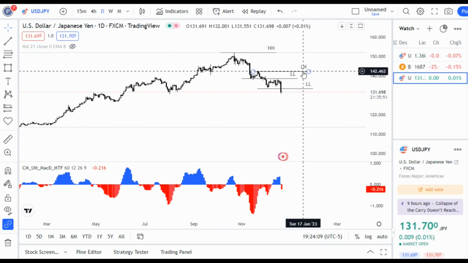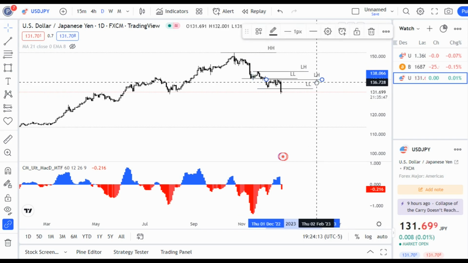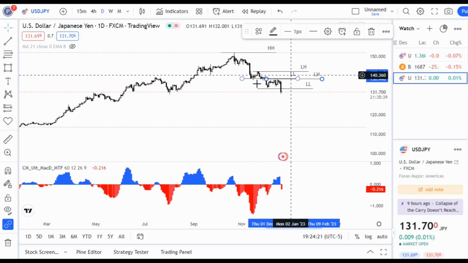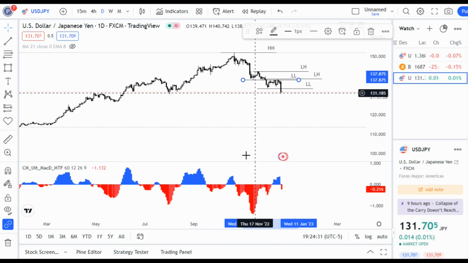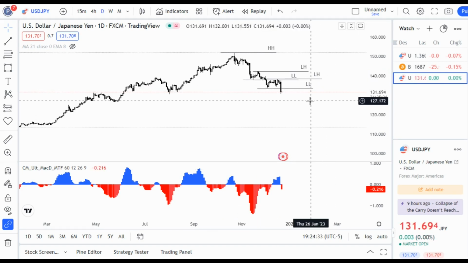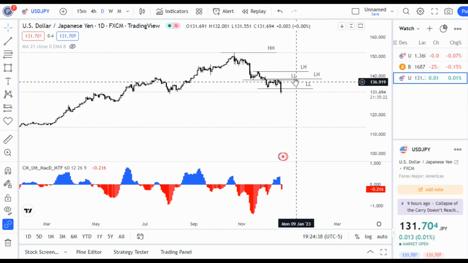Sorry, let's copy this one rather. We take this as our lower high. It's similar, same. Let's try to shift this one because this is the last that gave us this wick, so it has to be considered very important. So this is what we can identify so far with our eye observation.